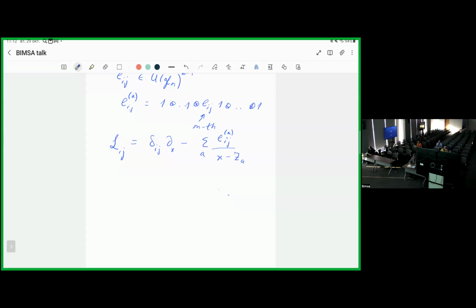So for each i and j, this is a differential operator which takes values in rational functions with values in U(gl_n) tensor m.